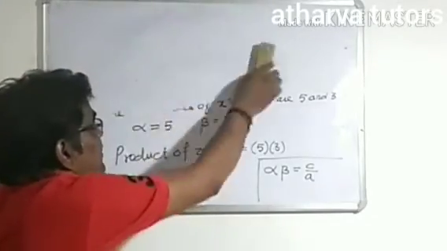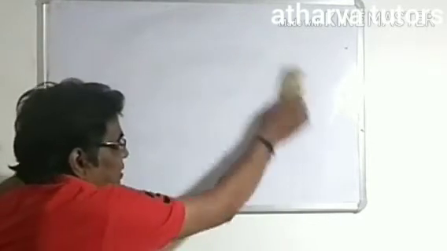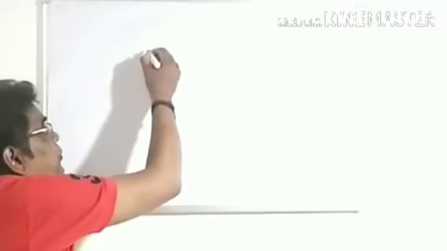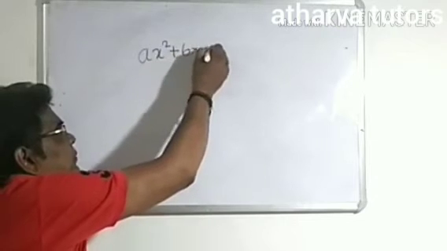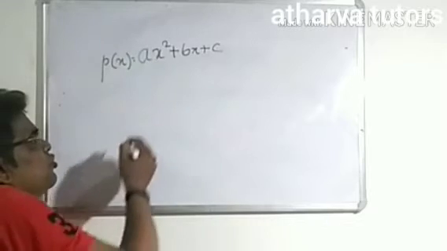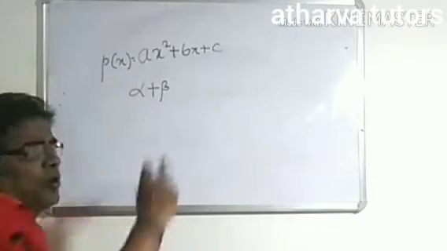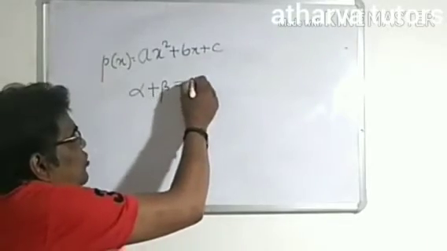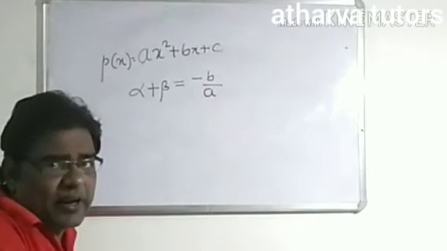If you have your general polynomial ax square plus bx plus c, then the sum of the zeros, which you get by factorizing, is equal to minus the coefficient of x upon the coefficient of x square.